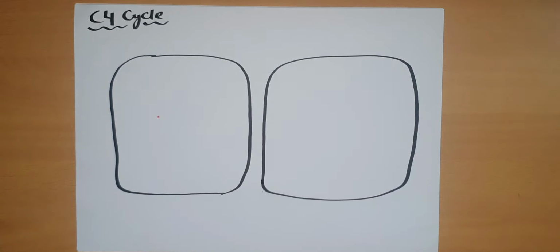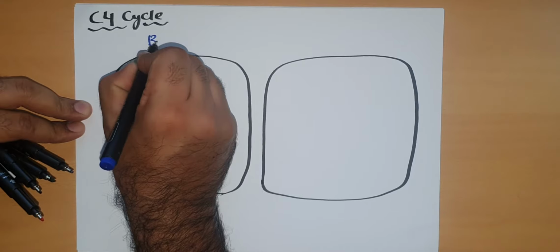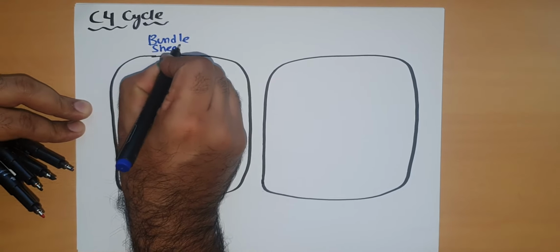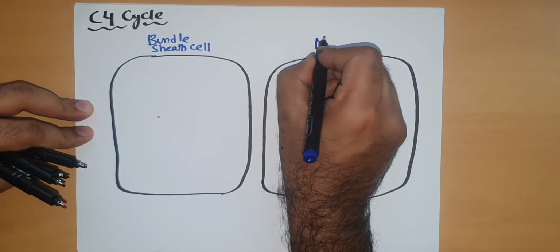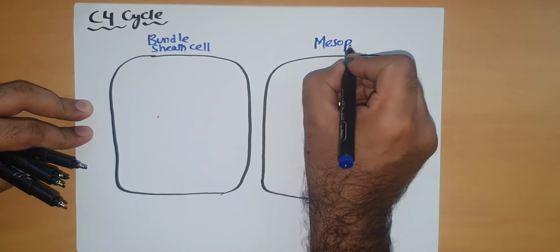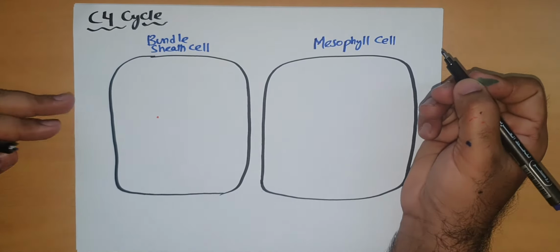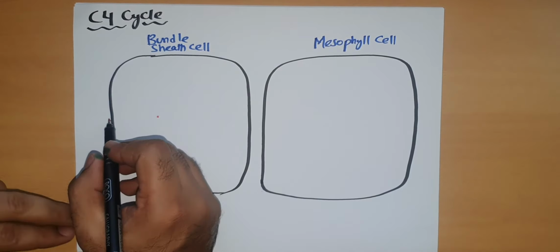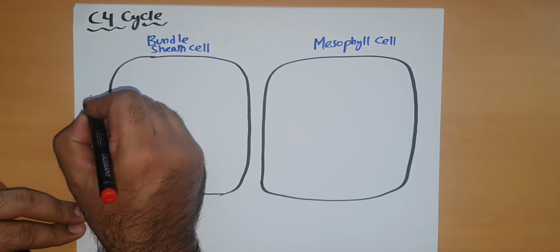Now, let's suppose that this one is the bundle sheath cell, and this one is the mesophyll cell which contains the chloroplast. Now, what happens is that from the outside, the carbon dioxide enters into the bundle sheath cells.